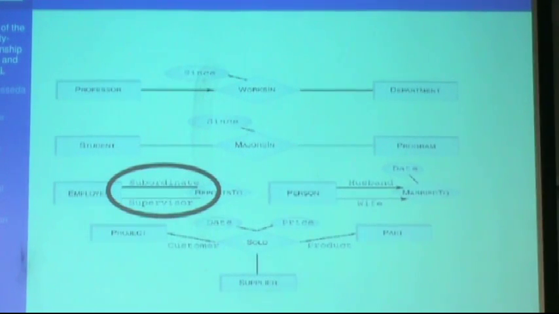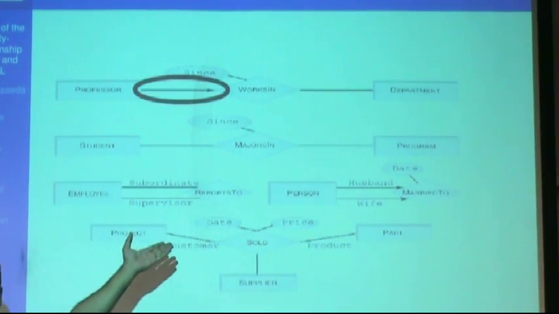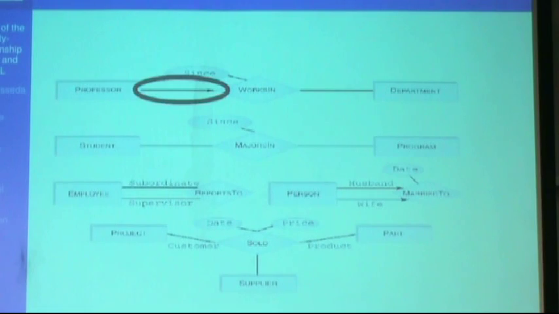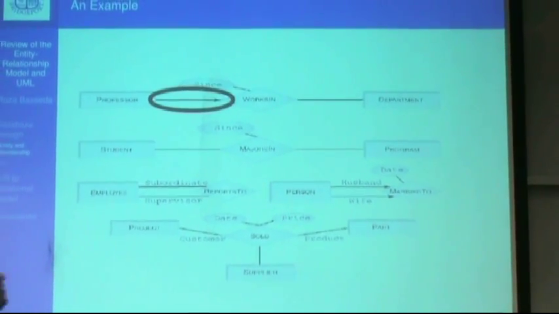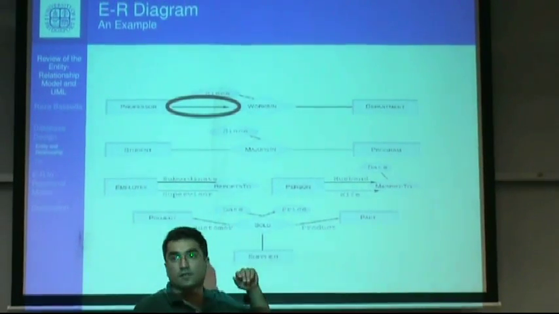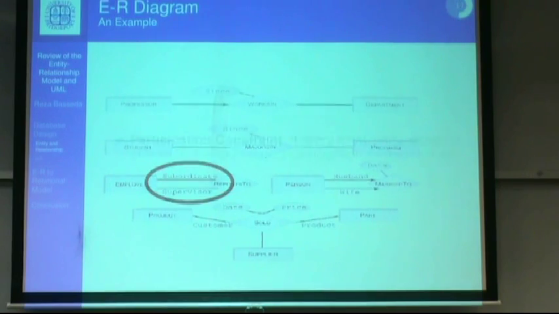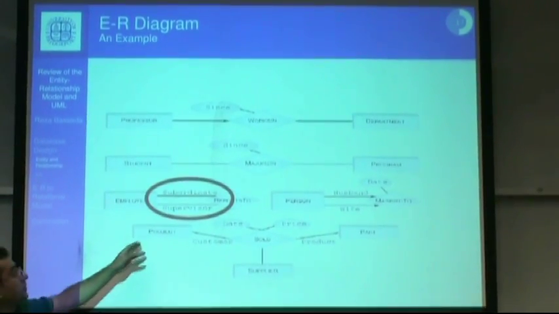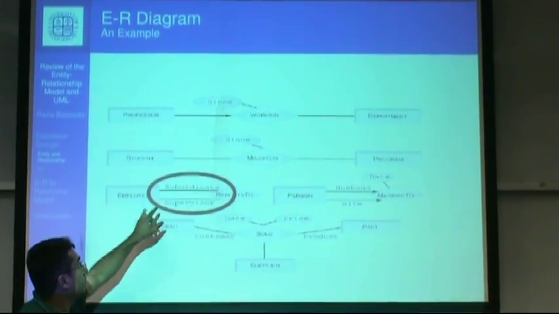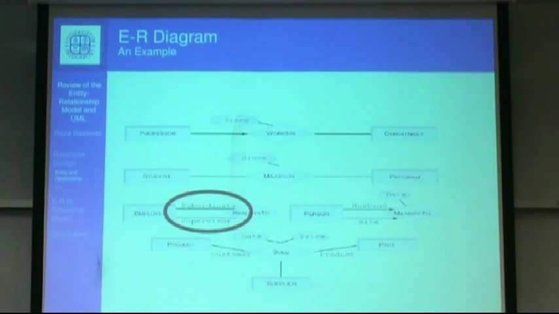If professor is key in the part works in, it will be one-to-one from the professor, but from the department, who works in, many-to-one, right? Oh, by the way, this is an example of a two-way relationship at the same time.